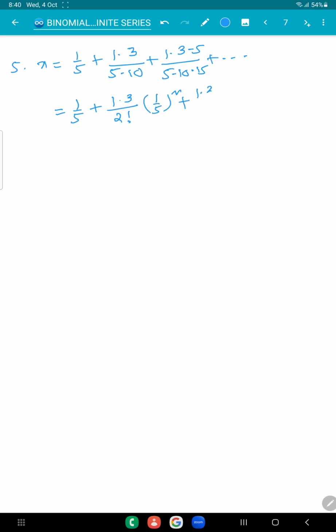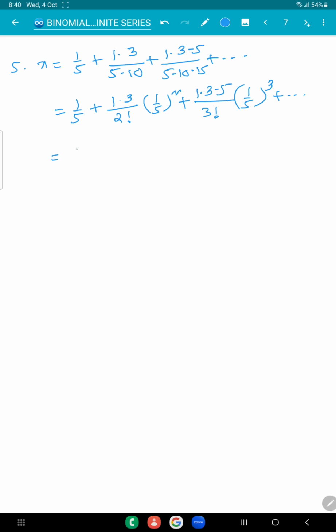x is equal to, what is given, 1 by 5 plus 1 into 3 by 5 into 10 plus 1 into 3 into 5 by 5 into 10 into 15 plus and so on, then show that. So let us find the x value. So what is needed here? I am writing this one as 1 by 5 plus 1 into 3 into 2 factorial into 1 by 5 whole square, 1 into 3 into 5 by 3 factorial into 1 by 5 whole cube plus and so on.